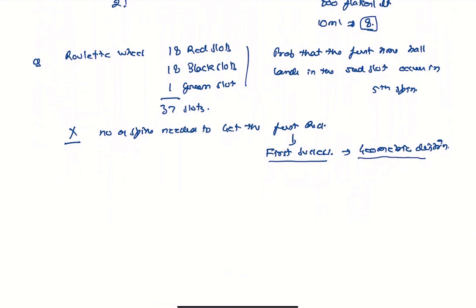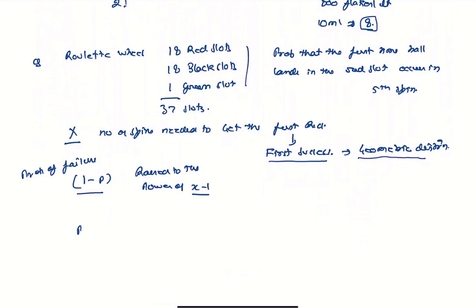So now we first need the probability of failure, which will be 1 minus p, raised to the power of the number of times the failure occurs.